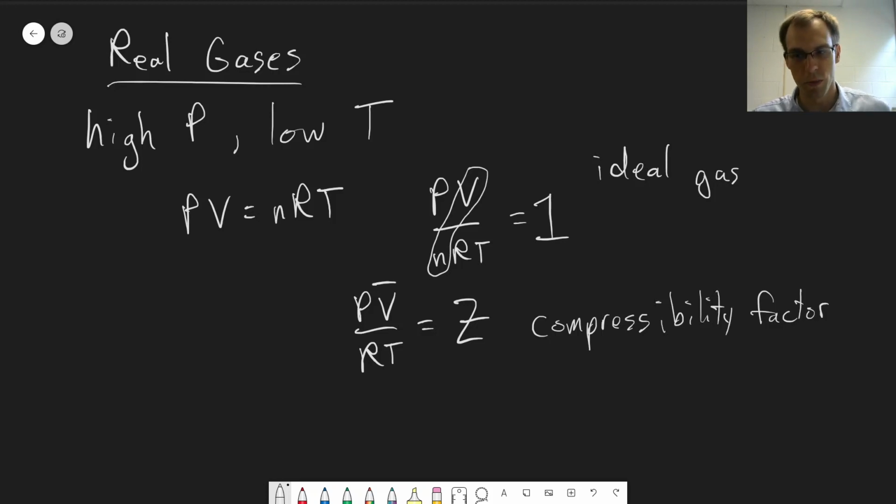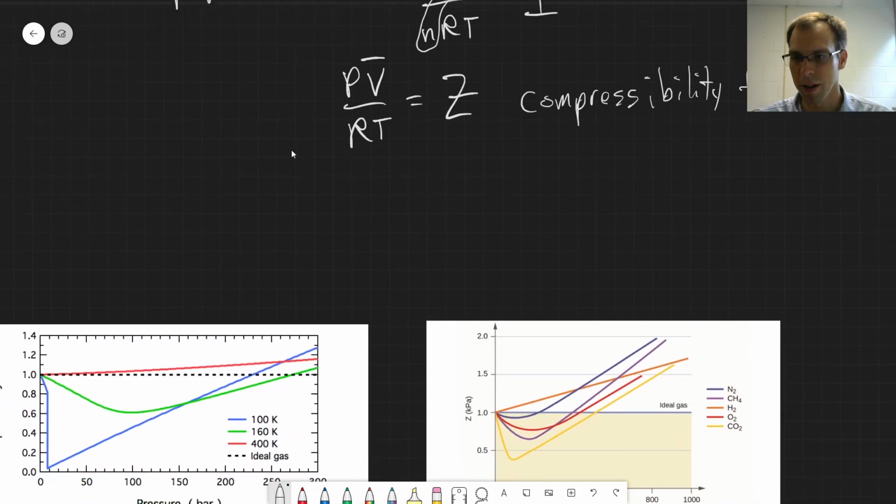So we can calculate the compressibility factor as a function of different things and see how it behaves. We would expect at high temperatures and low pressures, Z should be about equal to 1 for things that are behaving like an ideal gas, and we should expect deviations from that if we're getting non-ideal behavior. So let's look at some data that I've pulled off of the internet.